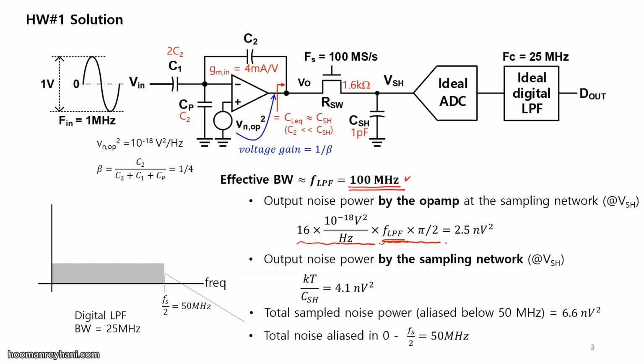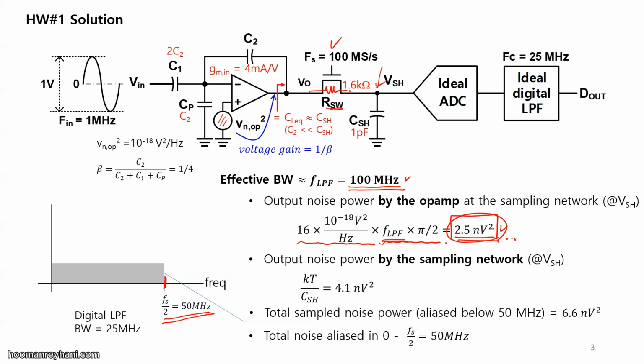So from that calculation, at the output of sampling, we have 2.5 nanovolt square noise power, right? Even if we do not sample, if we have just only the resistor, R switch, we still have the same total noise power, right? Because we are doing sampling here, all the power here will be aliased below 500 megahertz, right? So below 500 megahertz, by this operational amplifier, we have this much total noise power.